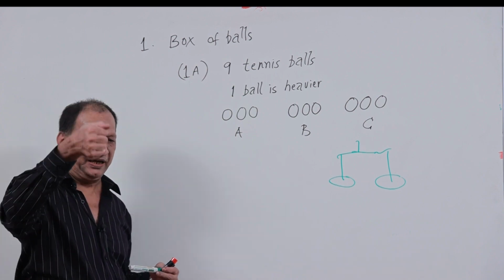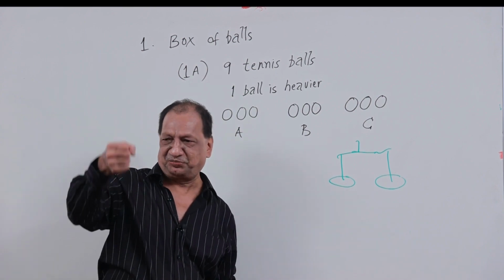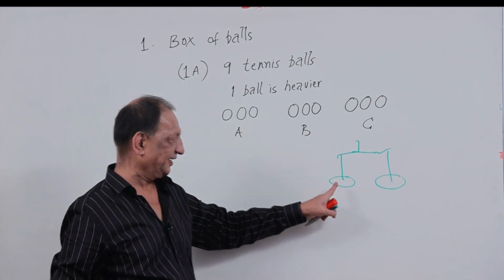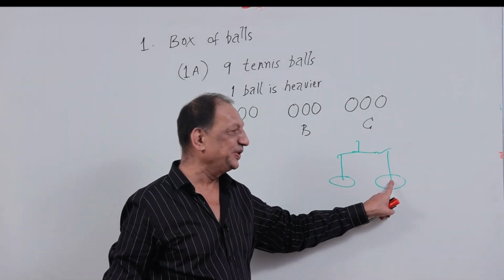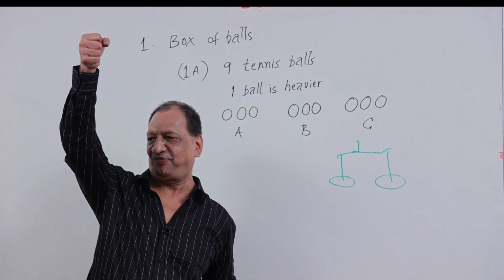Actual balance, they use balance. I know you've seen. Nowadays they have electronic weighing machines, but this physical balance you would have seen. And I put group A balls into one side, group B balls into the other side, right? A and B. We compare the weights.